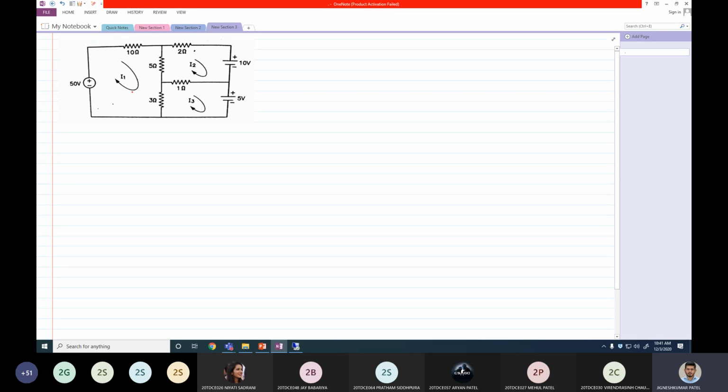So I write the equation. I'll begin from this point. Before that, let's have some polarity. For this 10 ohm resistor, the polarity would be plus and minus for current I1. I am drawing I1 like this.